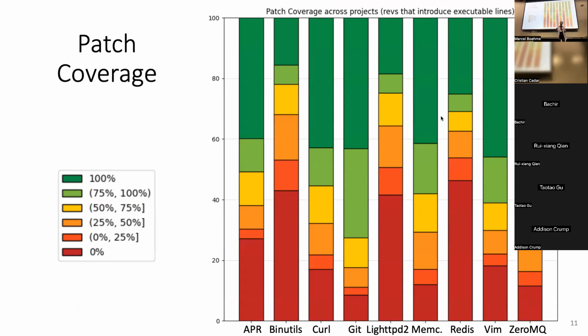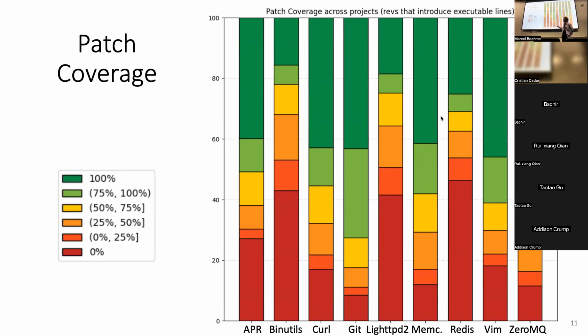First of all, note that this should be a necessary thing to do with the patch, but it's by no means sufficient. In fact, a lot of patch coverage is incidental, so you just happen to have a test case, but you're not really testing the patch. I'm going to get into that a bit later again.